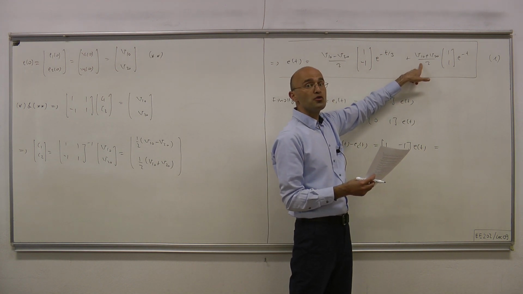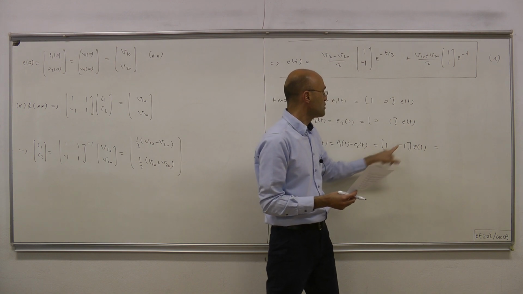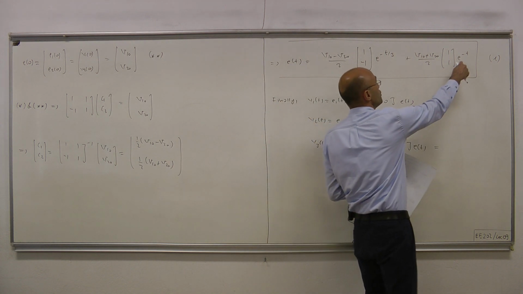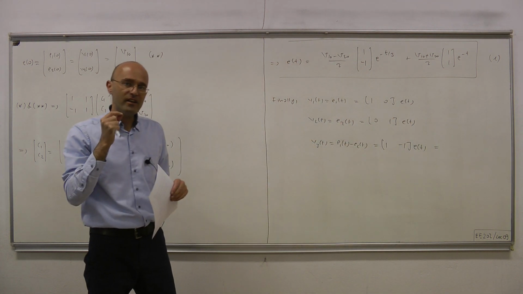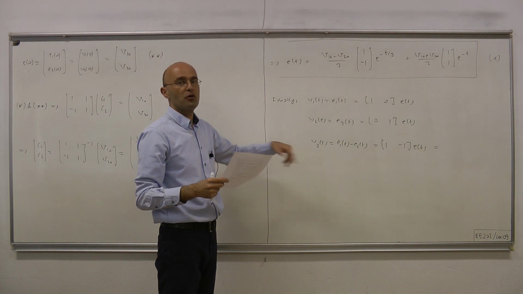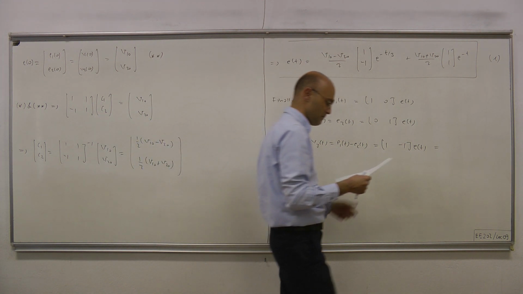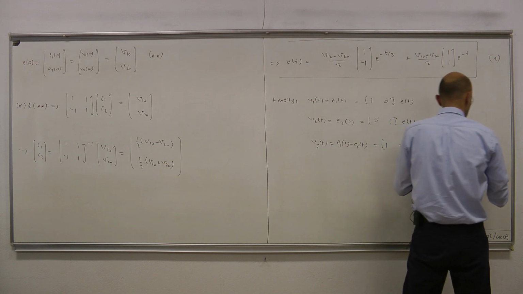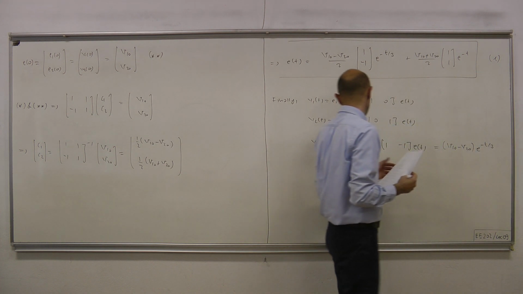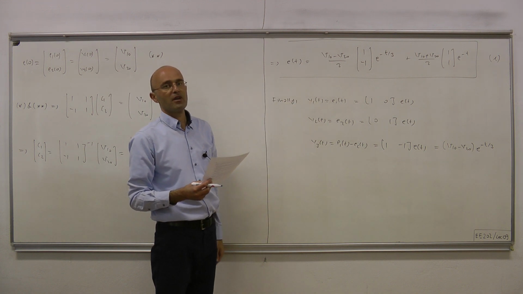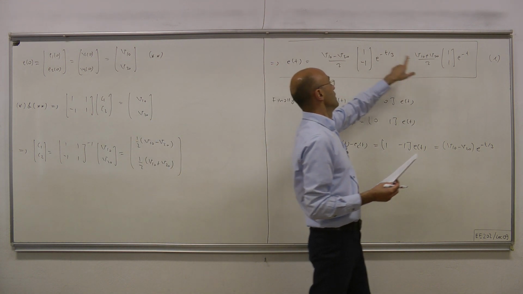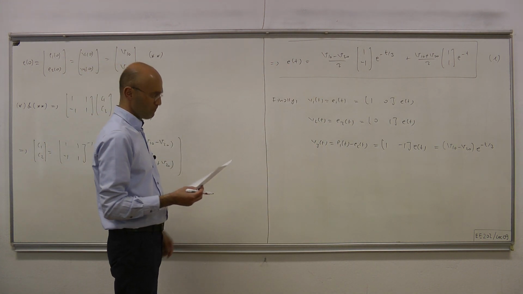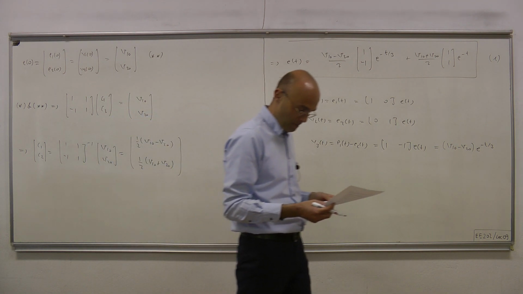And no matter how you choose the initial condition, no matter what C2 is, this product will always give you 0, and that means the e to the minus t term, that mode, will never appear in the third capacitor voltage, no matter how you choose the initial conditions. Indeed, we have this for V3 of t, whereas for V1 and V2 you see that we have both terms appearing, both modes appear for an arbitrary, general initial condition.